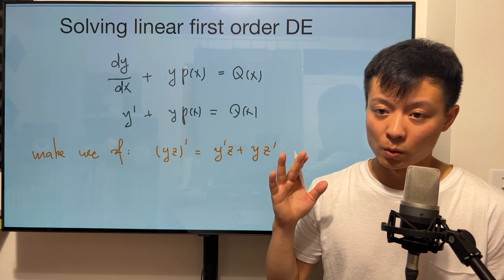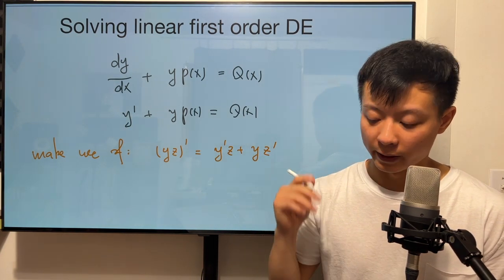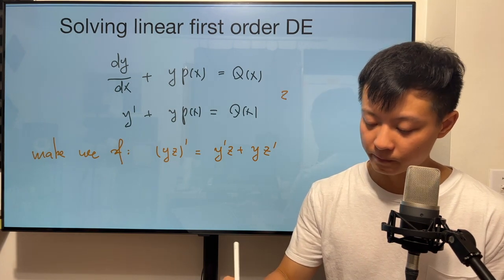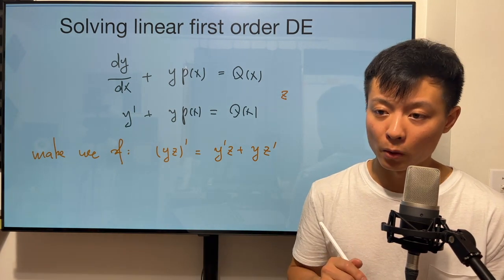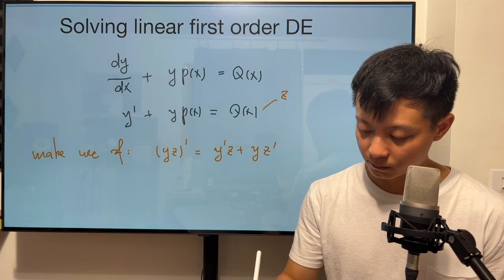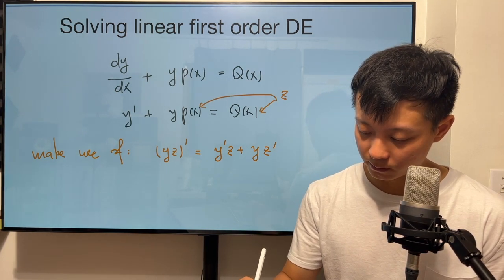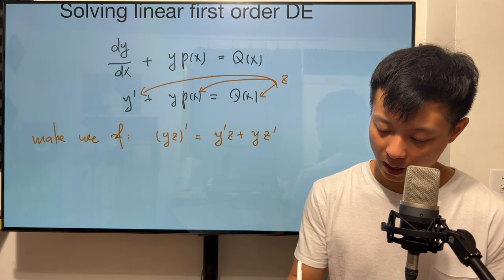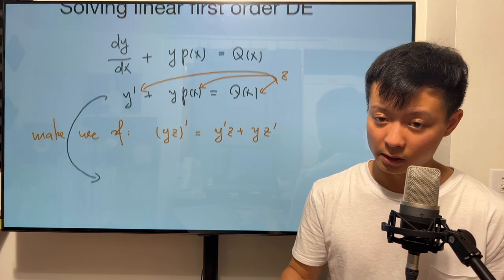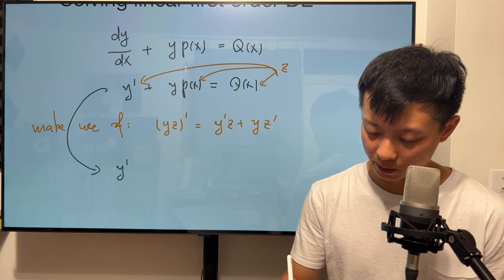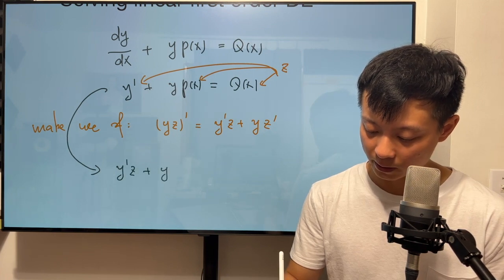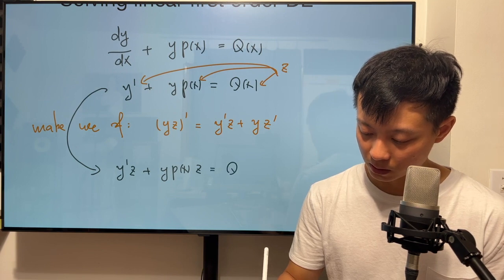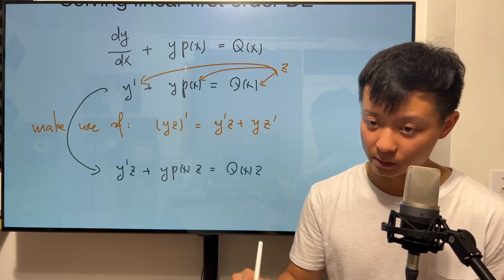So we're wanting to find such a function of x, this function z, to multiply on both sides of the equation. So it gets distributed into each of the terms, and then our equation is going to become y'z + y p(x) z = q(x) z.